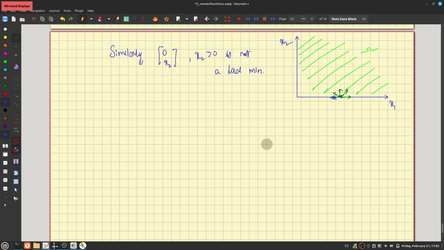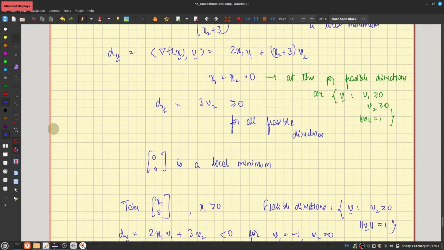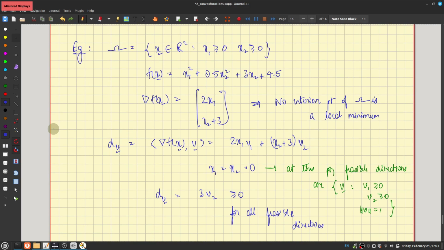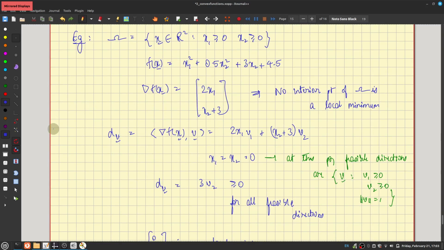Fine. So this gives us some necessary conditions, but again didn't give us any sufficient conditions. Now let's look at some more conditions. Suppose we have both the gradient as well as the Hessian. Then can we say something more? Okay, so even before that, what happens if the gradient of f at a boundary point is equal to 0?